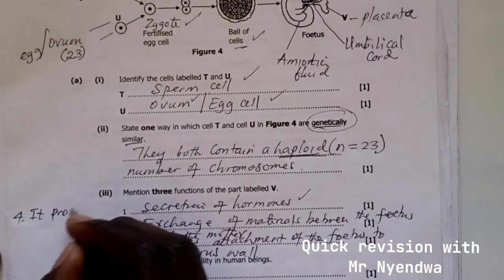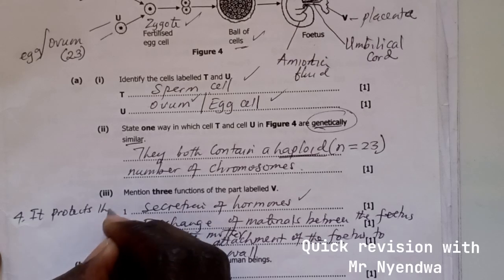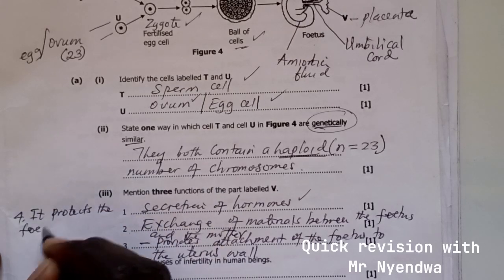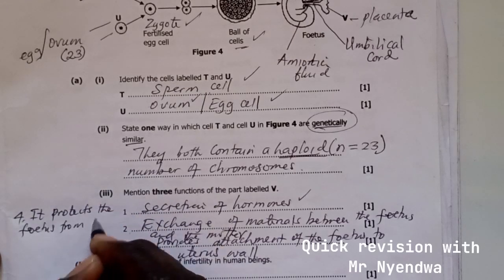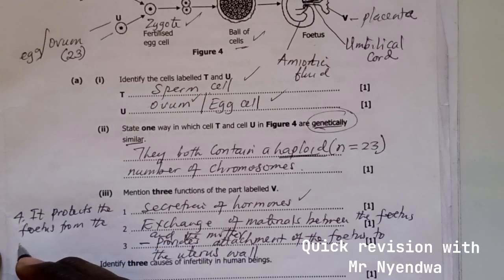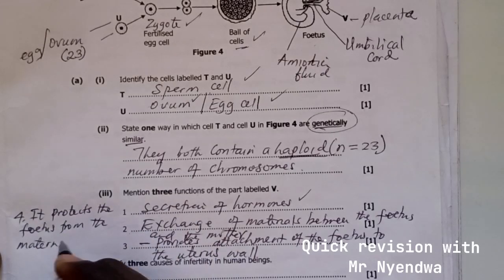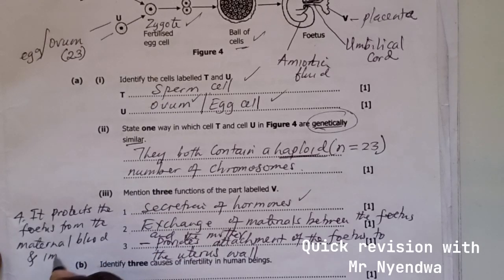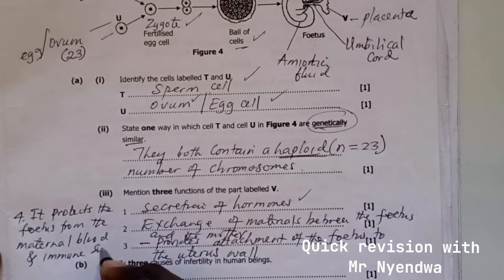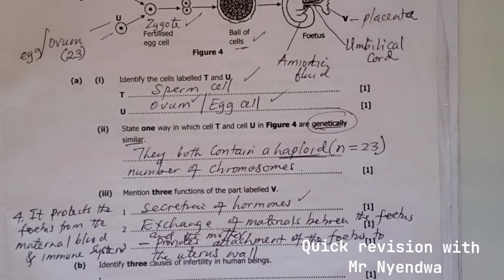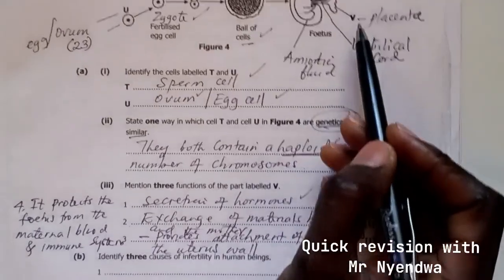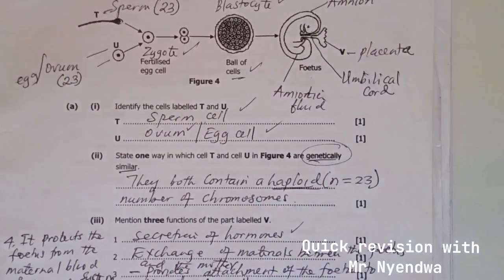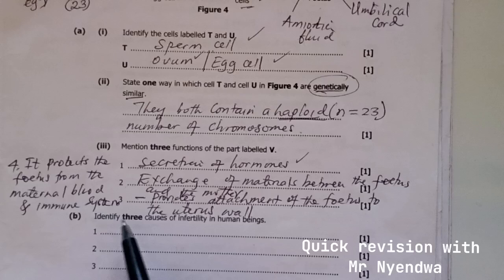So it protects the fetus from the maternal blood and immune system. Those are things you could have talked about. Those are functions of the placenta, which is the part labeled V in our diagram there.